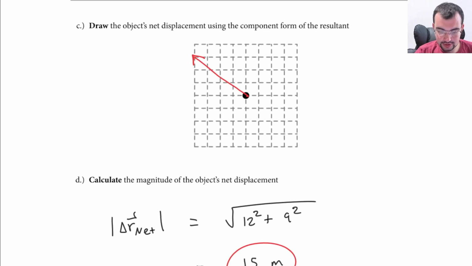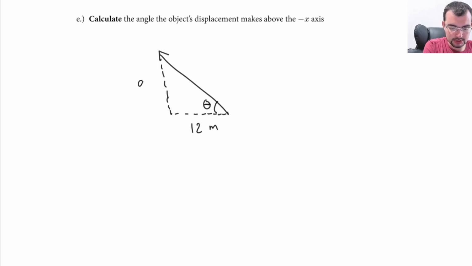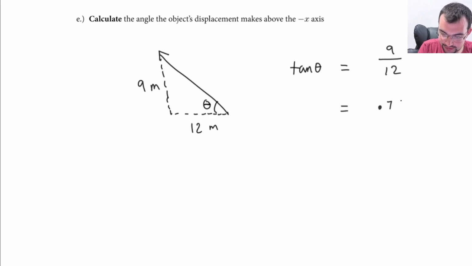And now we can calculate the angle it makes above the negative x-axis. So whenever you're asked to calculate an angle, please actually draw in the triangle. So this is the angle we want, theta. This we said was 12 meters. This we said was 9 meters. So once again, we can use tan theta is opposite over adjacent, which is 0.75 again.